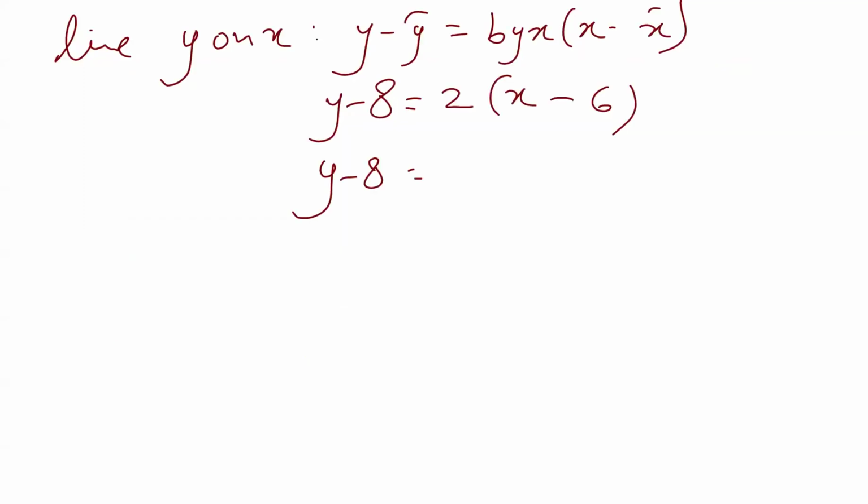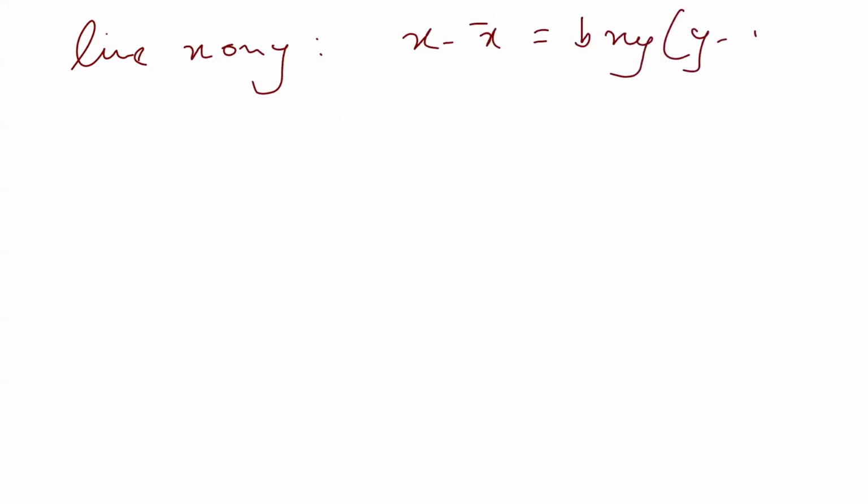Fine. Line x on y. X minus x bar, bxy, y minus y bar. X bar is equal to 6, bxy, 2 by 9, y minus y bar. Y bar is equal to 8. Cross multiply this.